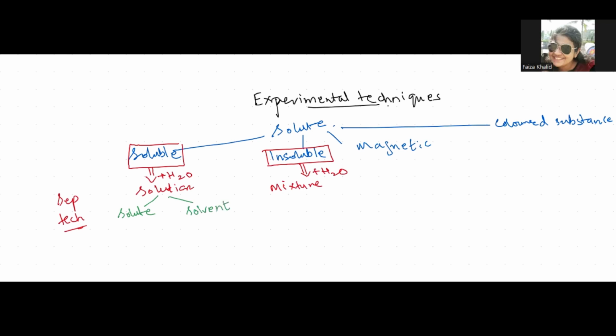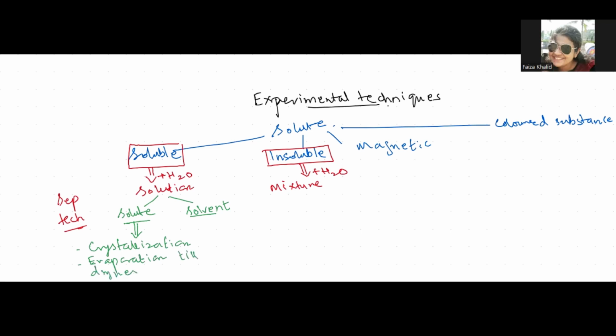These are the two things they would test you on. If you want to separate out the solute, either you can do crystallization, or you can do evaporation till dryness. Got it?